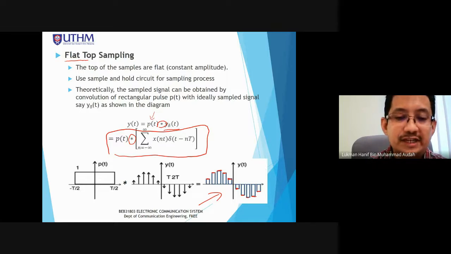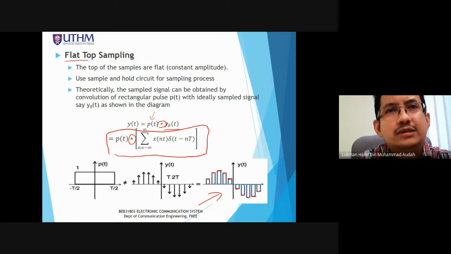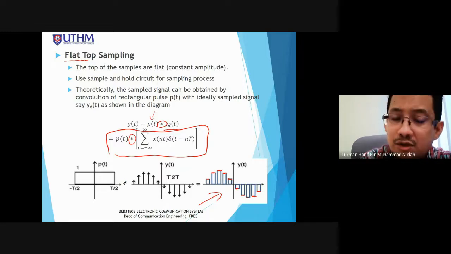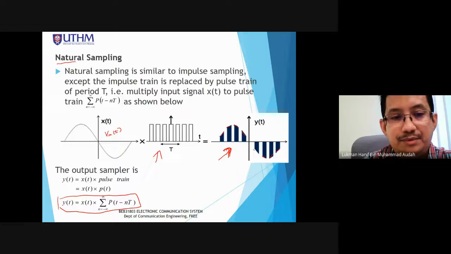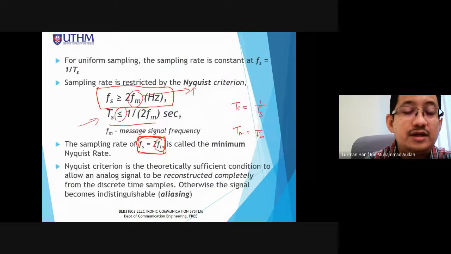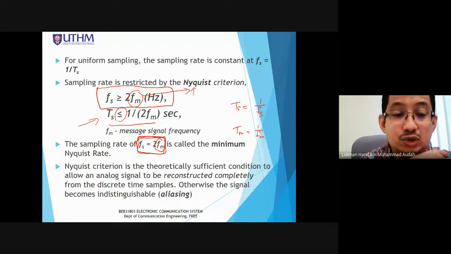Okay, dalam you punya assignment task number 2, you are asked to analyze the output. What happen if we sample less than 2 FM? What happen if we sample equal to FM? What happen if we sample more than 2 FM? So you need to analyze the output. Perkara Nyquist ini ada ditanya dalam you punya assignment task number 2.